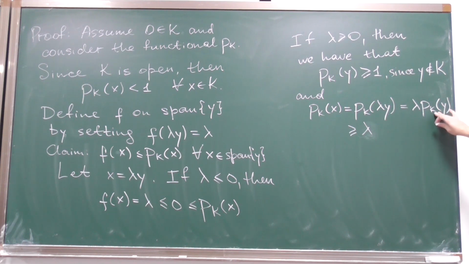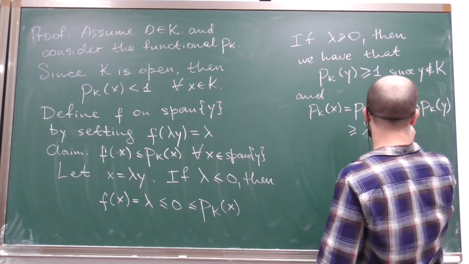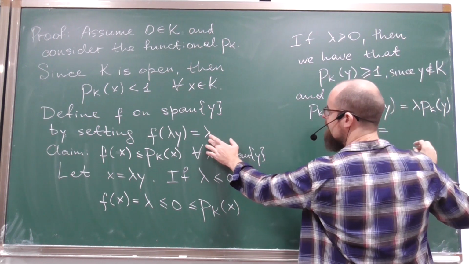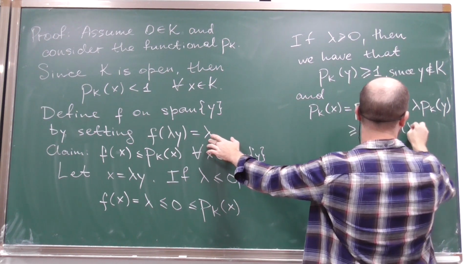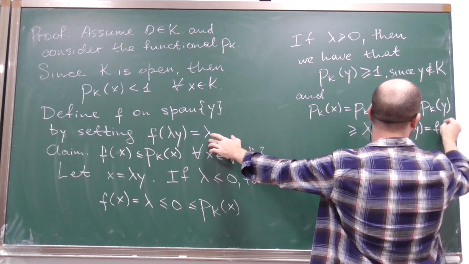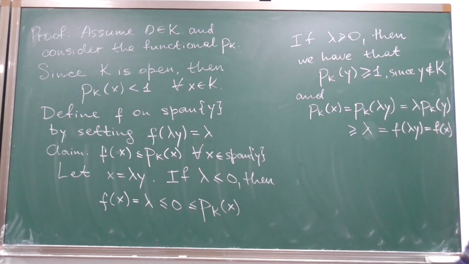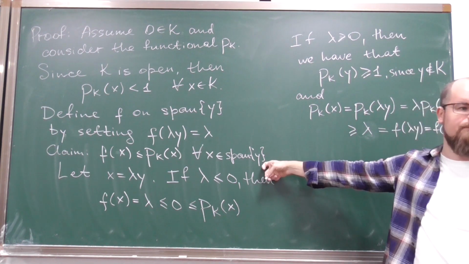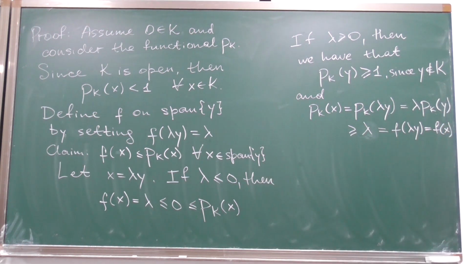So this one is estimated by 1 from below, so this one is estimated by lambda. And by definition of f, it equals f of lambda y, which is f of x. So we have proved in fact that f is dominated by p sub K on this subspace. So by the Hahn-Banach theorem we can extend the functional f to the whole space, preserving the dominance.